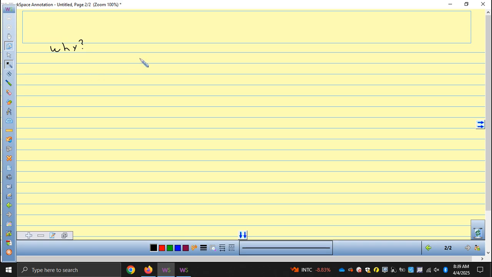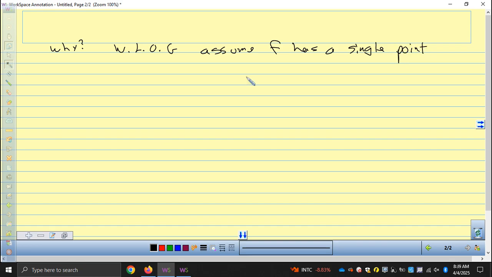I'm going to say something that you'll often see if you go further in math, if you do proofs of various things: without loss of generality, W-L-O-G, we're going to assume f has a single point of discontinuity, and we're going to say that's at t equals t0.